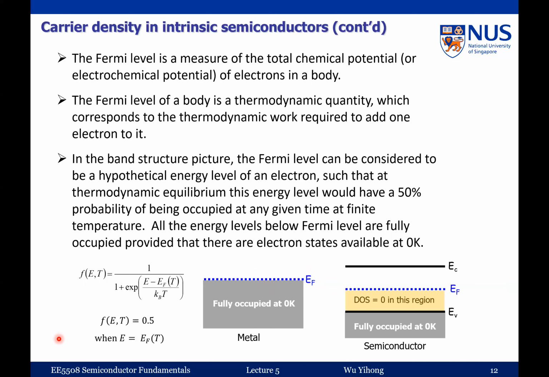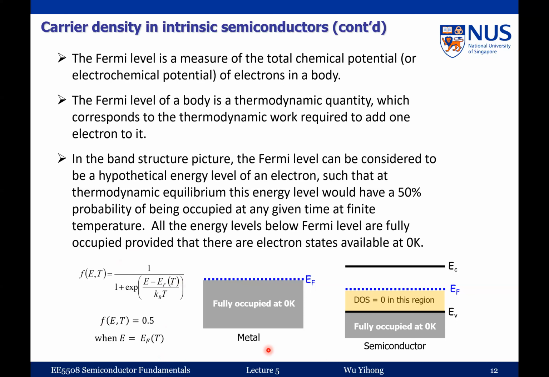At a finite temperature, since it follows the Fermi-Dirac distribution, the Fermi level is just an energy level inside this material at which you have a 50% probability of occupation. So there are two ways to understand this.